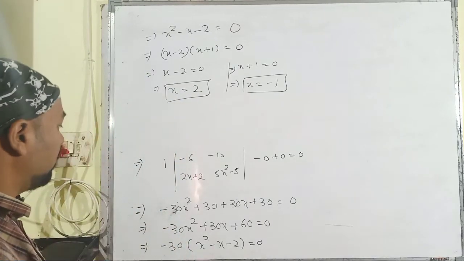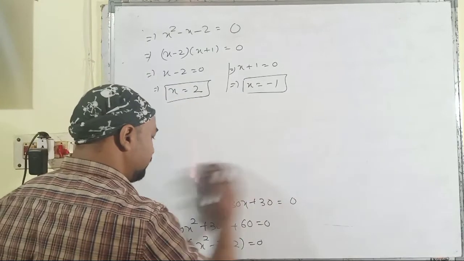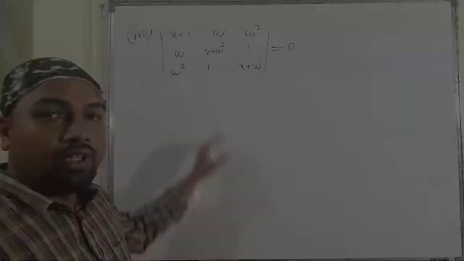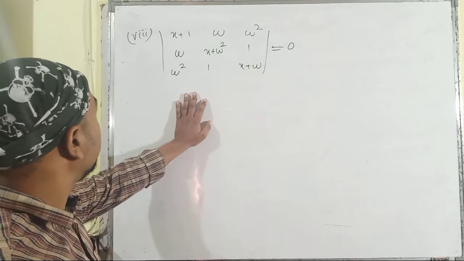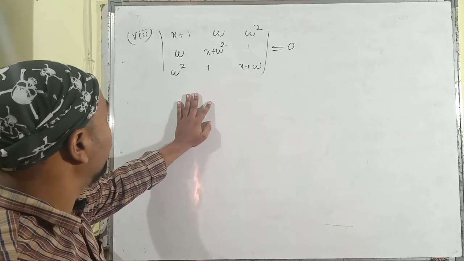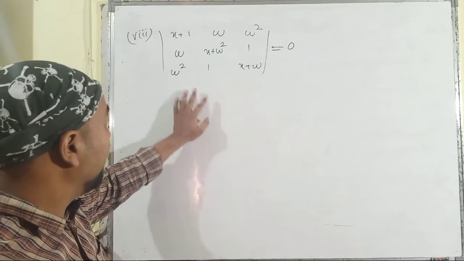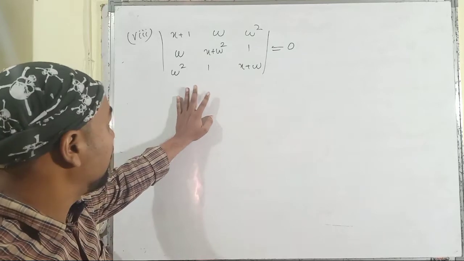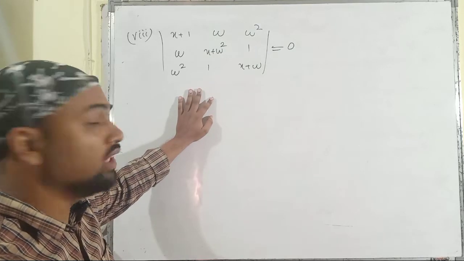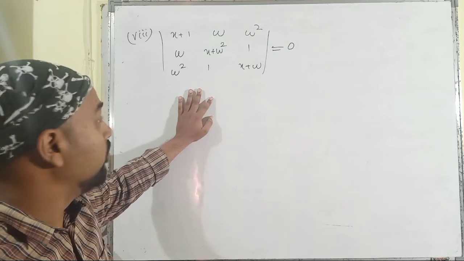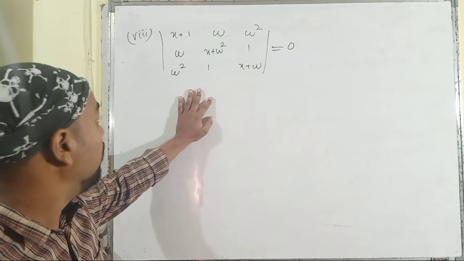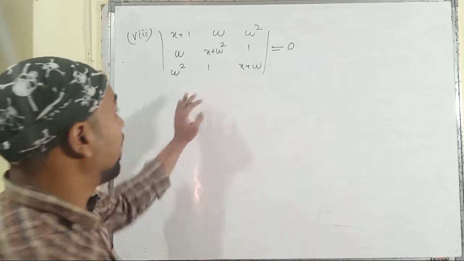Then coming to the 8th bit. The 8th bit of number 4 is like this, and we have to find out the values of x, and you can see that in this problem maximum number of elements are basically in the cube root of unity form, that means the contents of 1, omega and omega square.